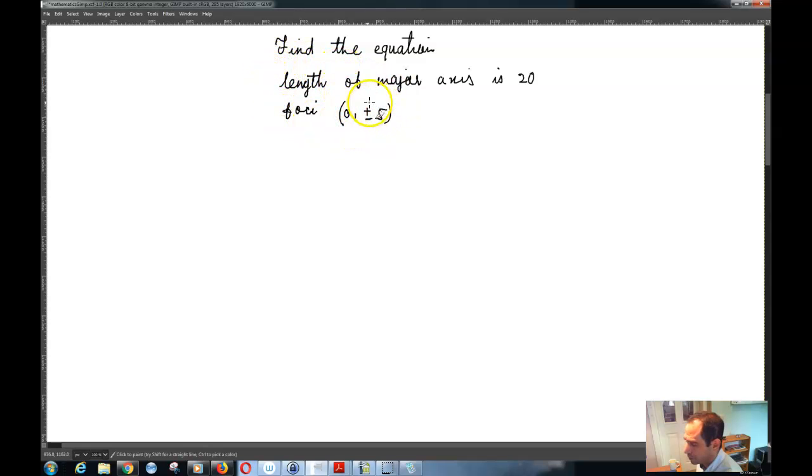Okay, so basically you know that since your foci are at (0, plus or minus 5), your foci are along the y-axis.